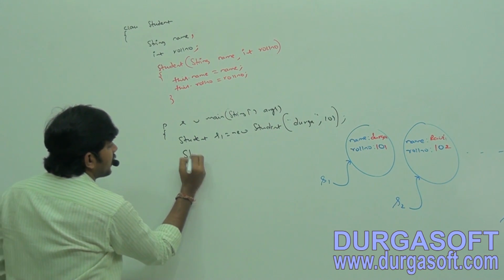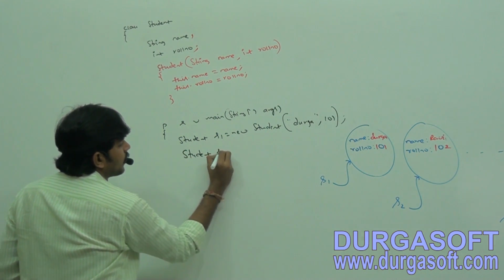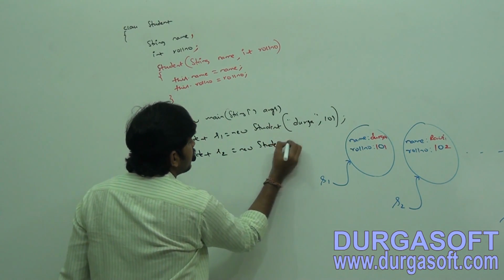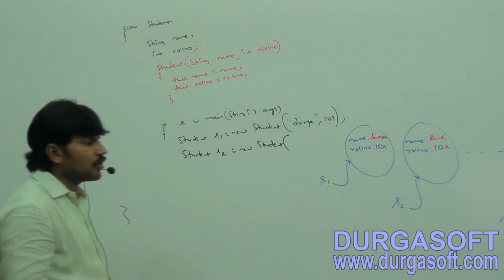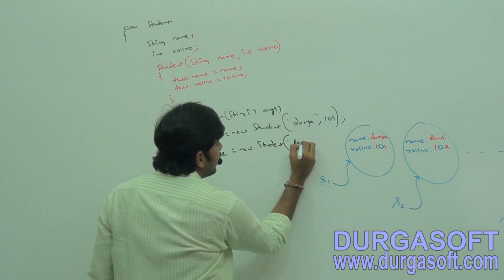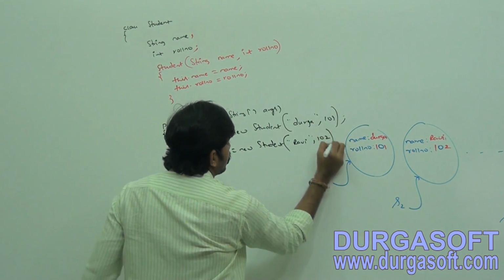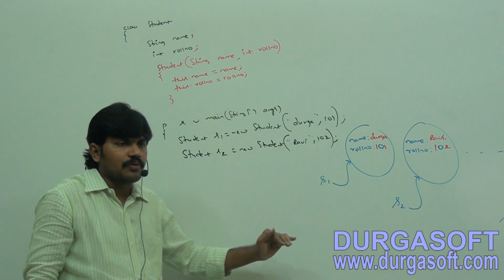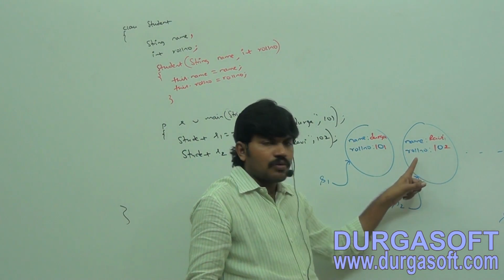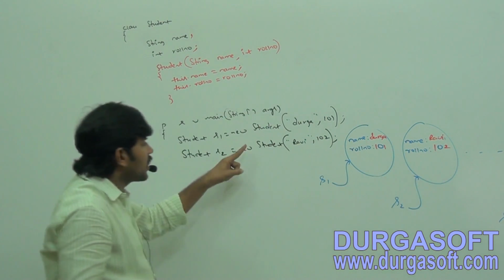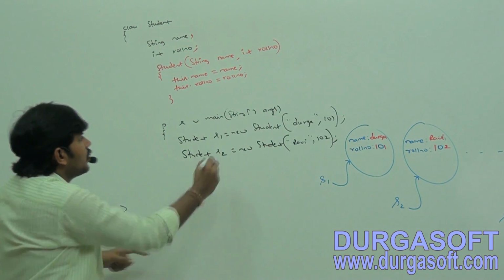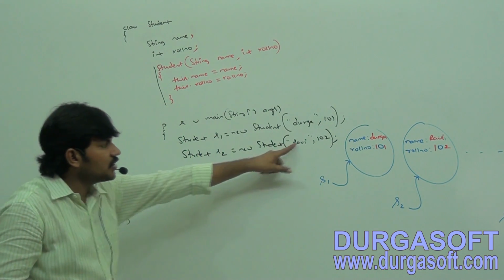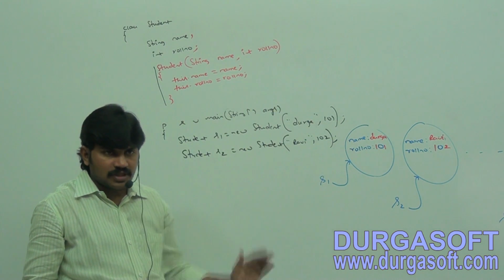Now let me take another student object. Student s2 = new Student("Ravi", 102). Now name is Ravi and roll number is 102, because whenever we create an object, the constructor executes automatically, right? These values will be assigned to the current object.